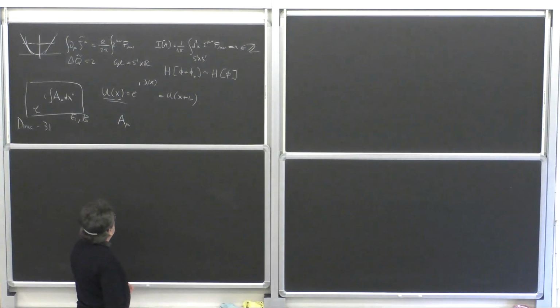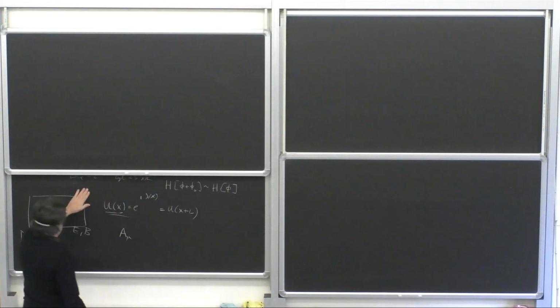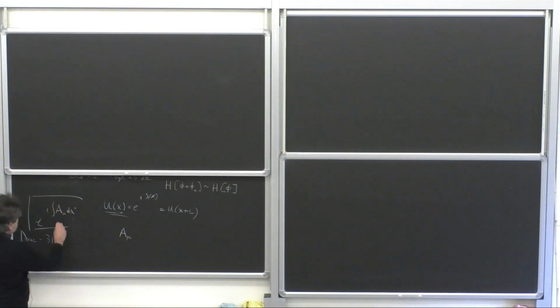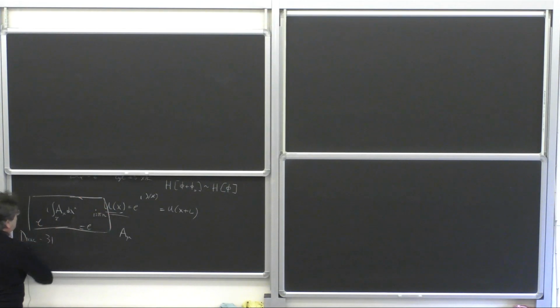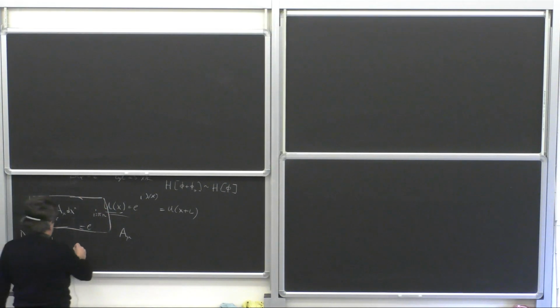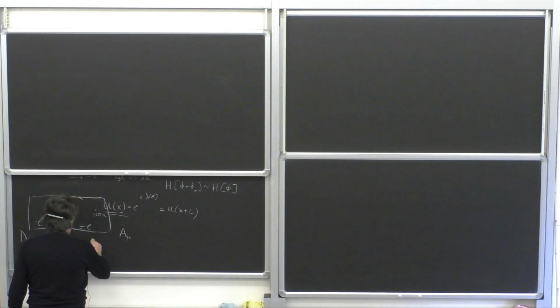In some cases this quantity is e to the 2 pi n. This is also called geometric quantization.